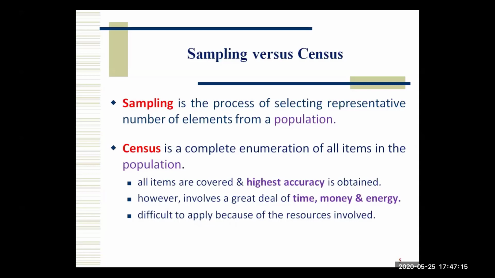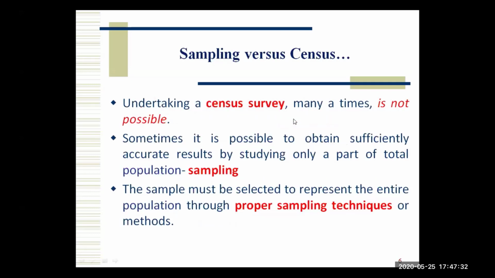It involves a great deal of time, money and energy, so in most cases it is quite difficult to use a census. Undertaking a census survey many times is not possible.